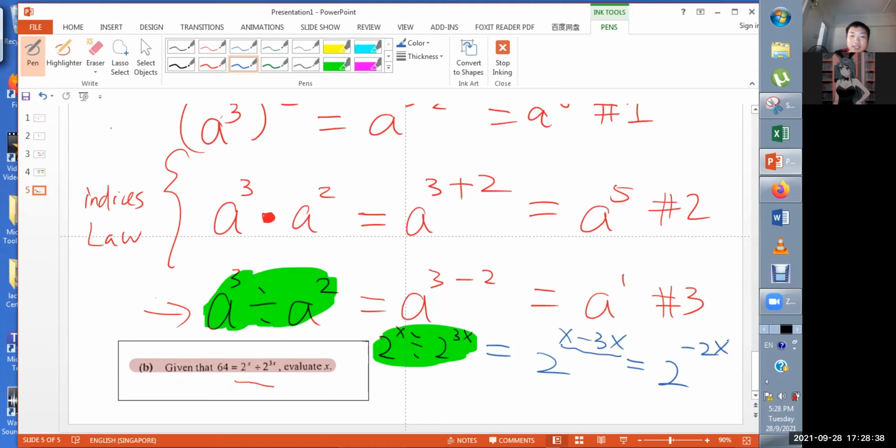Now, can I ask you, what is 64? 64 is 2 to the power of what? No, not 2 to the power of x. Is it 2 to the power of 5, 2 to the power of 6, or 2 to the power of 7? Can you help me test it out?